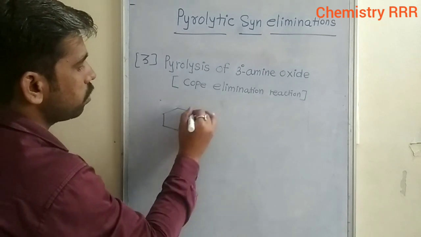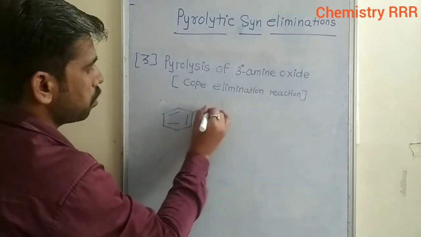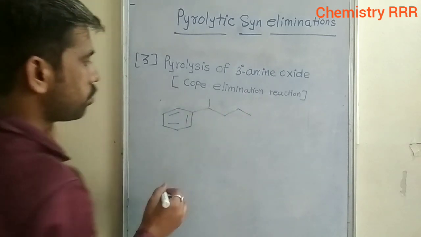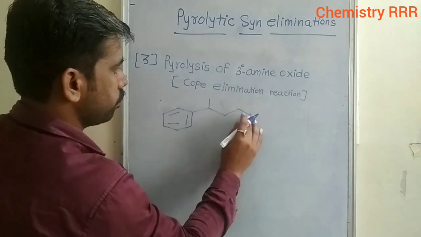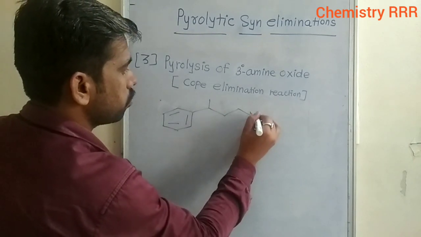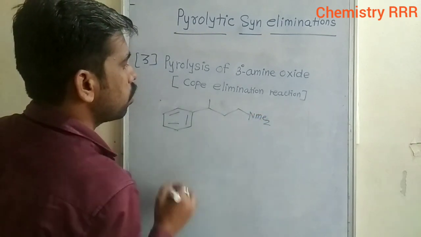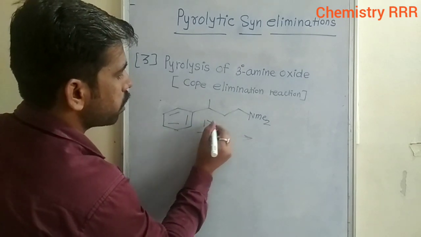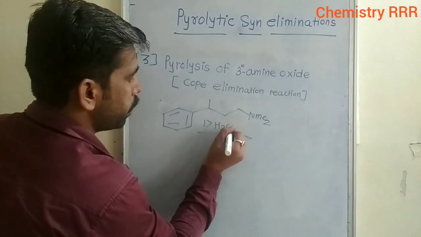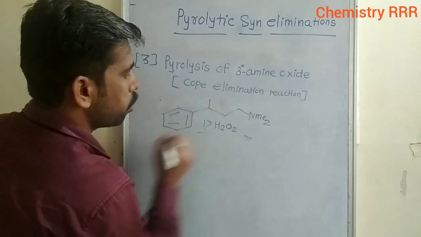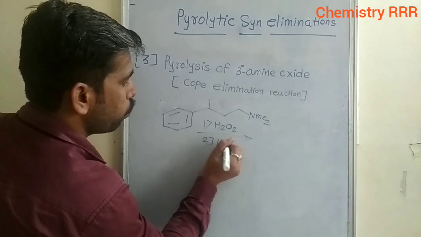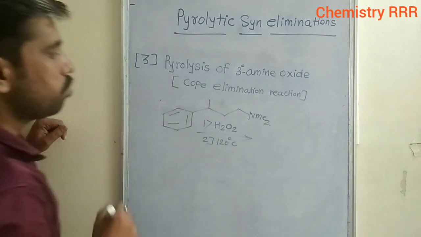For example, NMe2. Okay, and the first condition is hydrogen peroxide, and the second condition is 120 degree temperature.